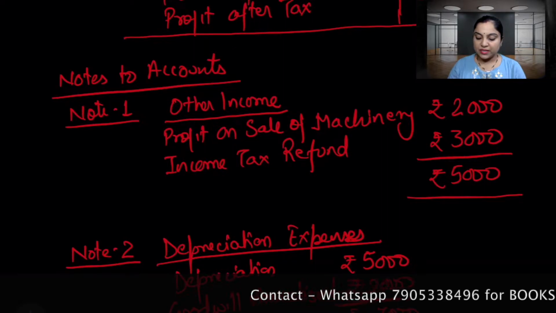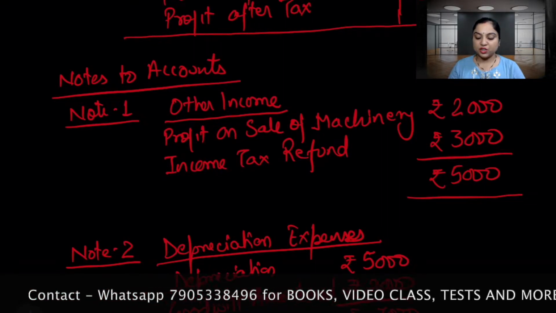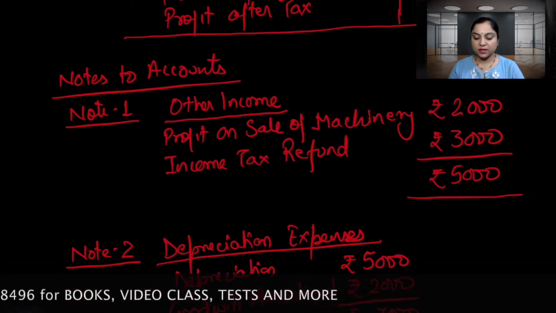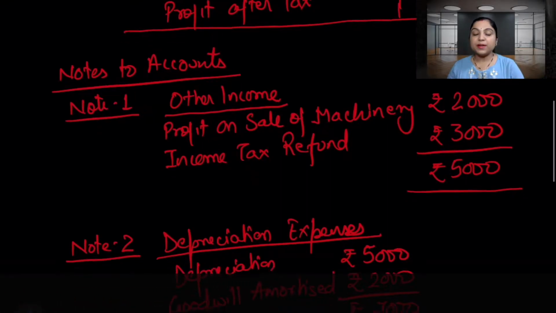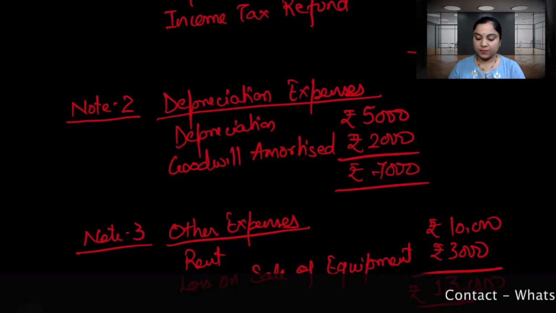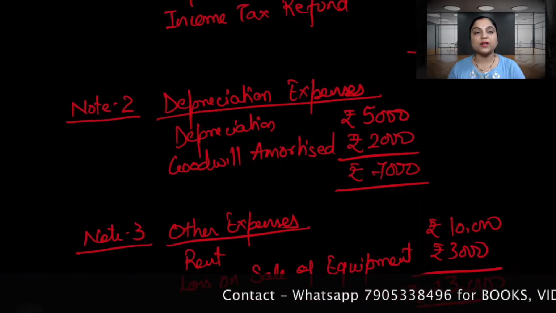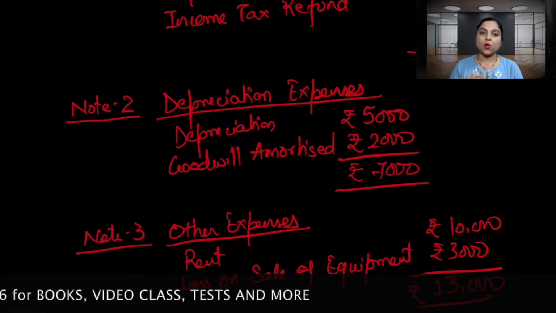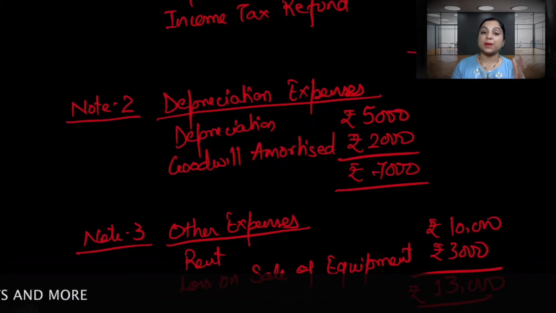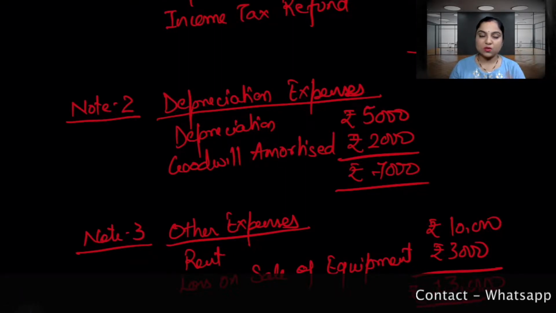Okay, so let's see the notes which are already shared with us. As note 1, we have other income: profit on sale of machinery rupees 2,000, income tax refund rupees 3,000. Next, note 2 is related to depreciation, and sometimes we have depreciation and amortization. I hope you know the difference between depreciation and amortization. If not, please do ask, we'll definitely help you out.